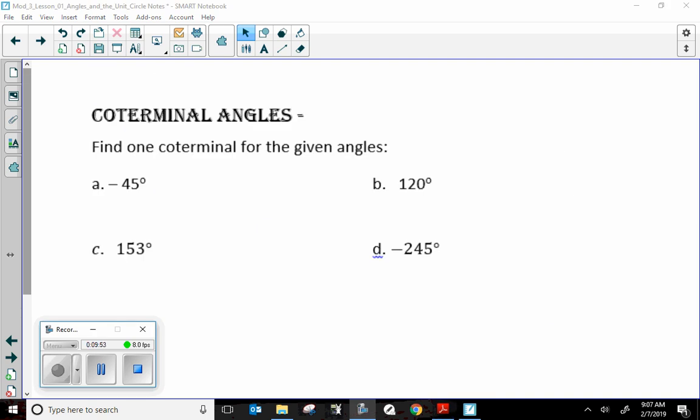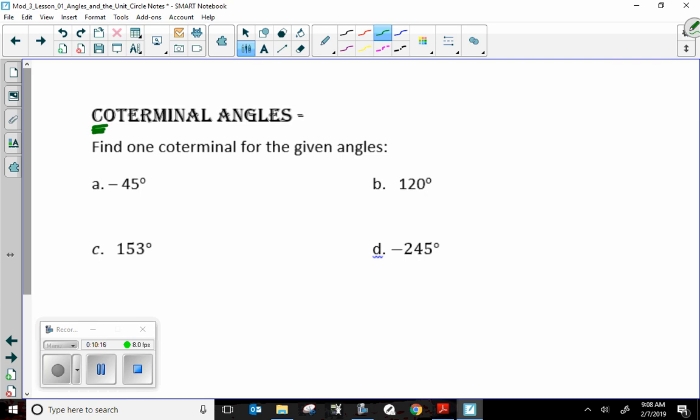Coterminal angles. What is a coterminal angle? They are asking us to find one coterminal angle for the given angles listed for A, B, C, and D. First, let's define what a coterminal angle is. Co means they share. If you're a co-worker, you both work at the same place, right?